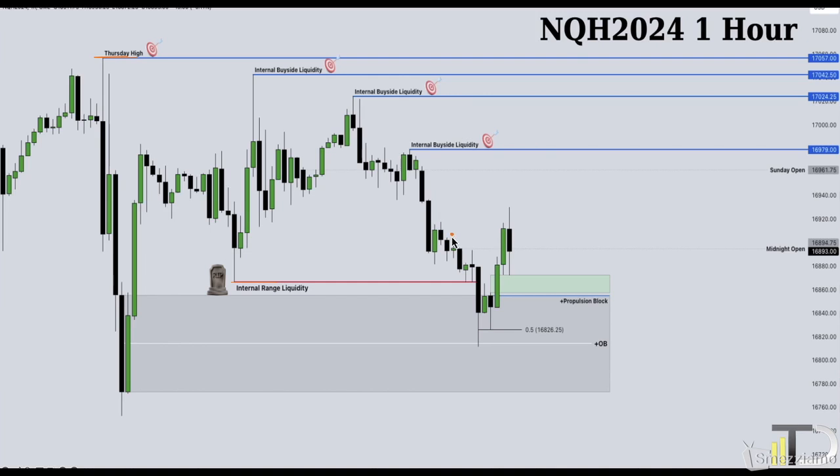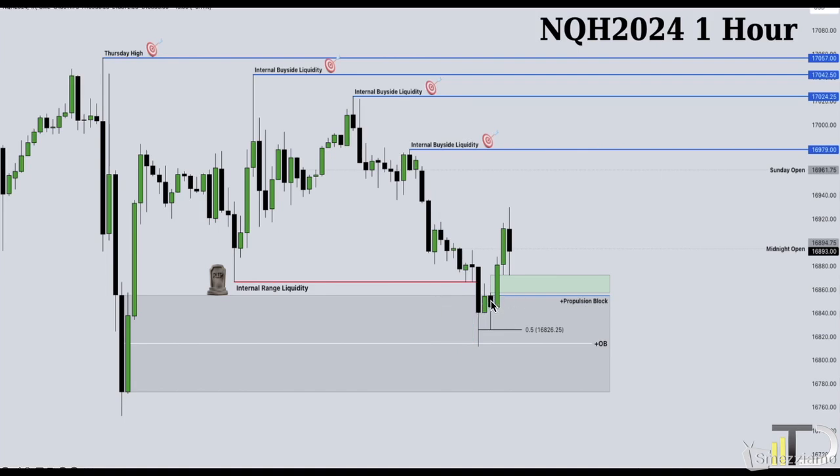Now, what you also see is that this area is an order block. And then you see this candle right here. With the close of this candle higher than this, this becomes another order block. Now this order block, the smaller one, rests in the bigger one. By definition, that's called a propulsion block.